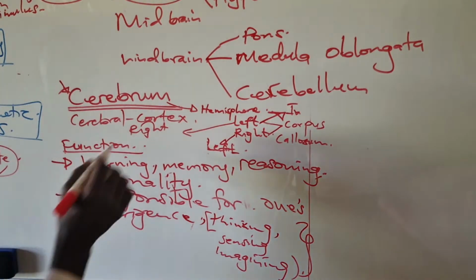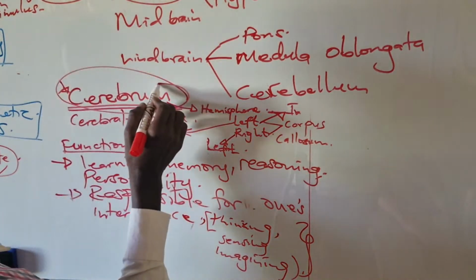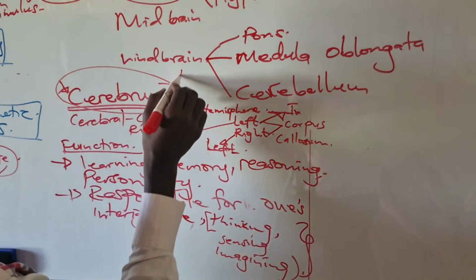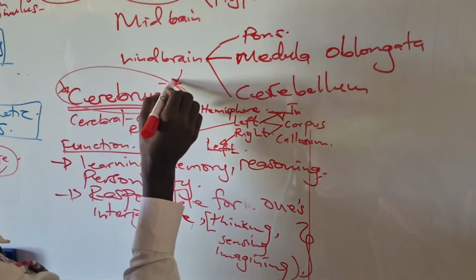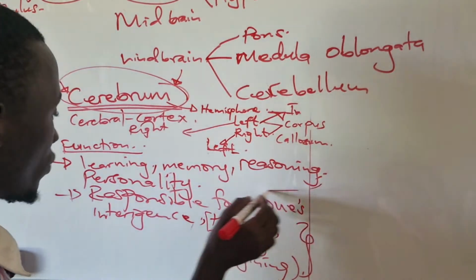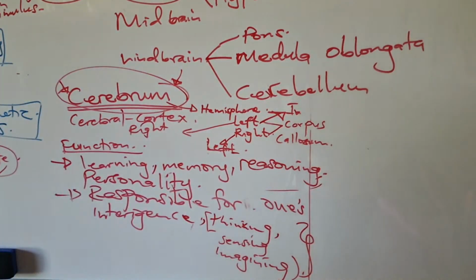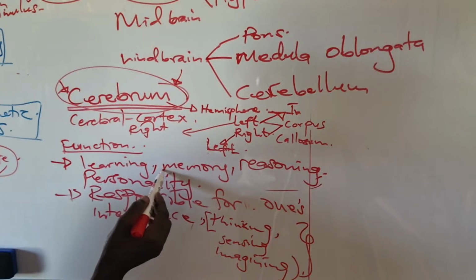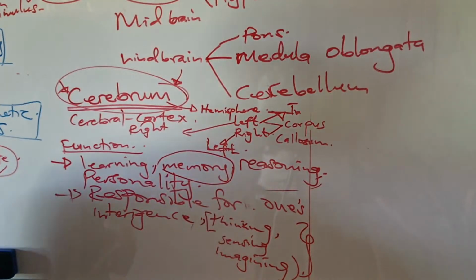So when the cerebrum is damaged, when you get an accident and the cerebrum is damaged, all of these will be affected. Imagine a scenario where someone is involved in an accident and has been rushed to hospital.